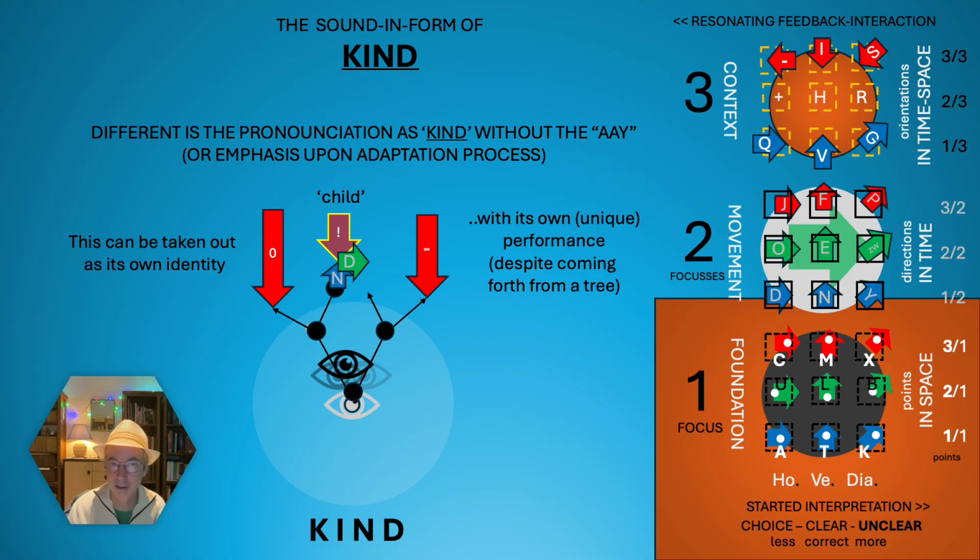The kind of attachment and breaking apart from it is done in such a way that it keeps that origin intact, but it's also going to perform something of its own.